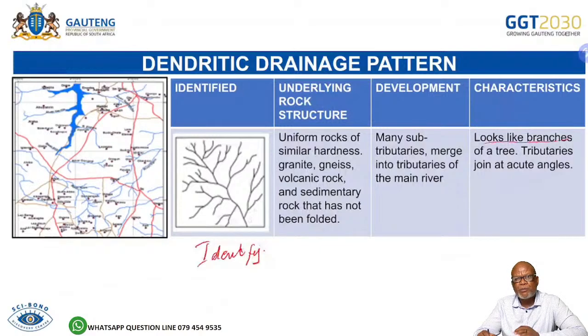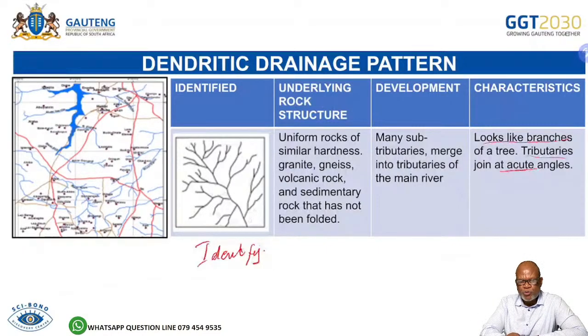You have to state it properly. You say it looks like the branches of a tree, and the tributaries join the main stream at an acute angle, or you can simply say they join the main stream at an angle that is less than 90 degrees, or smaller angles. So you can give those as your characteristics.